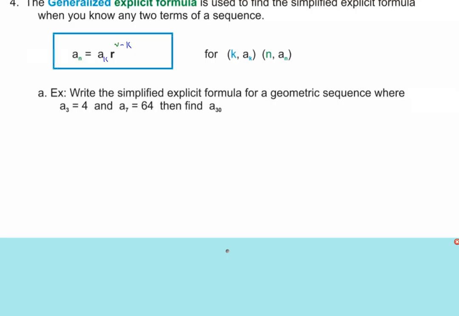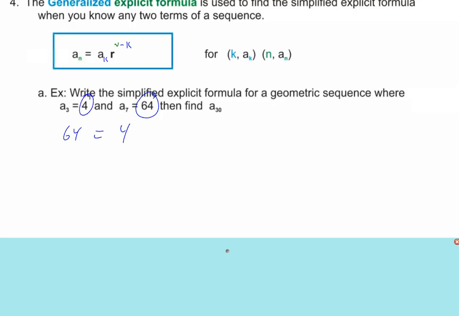So here with r, same concept. The latter term equals the earlier term, only this time it's times r to the n number of the latter term minus n number of the previous. So put it into practice. There's the latter term, right? 64. That comes first, latter term. Earlier term comes next, right?